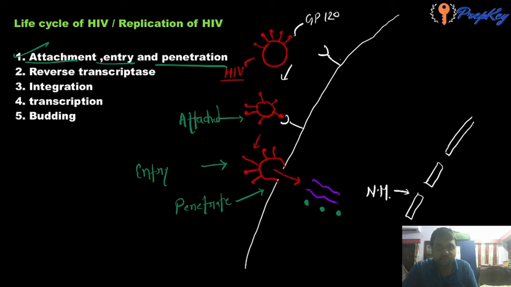Is it clear? Now this reverse transcriptase, RT, helps them to convert their RNA into DNA molecules. We humans have our own genome.